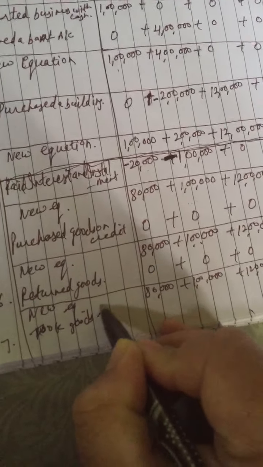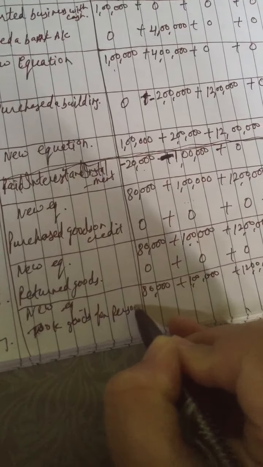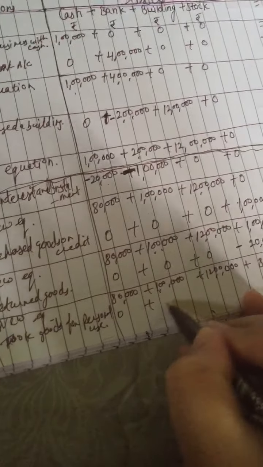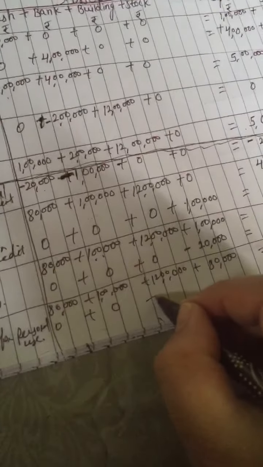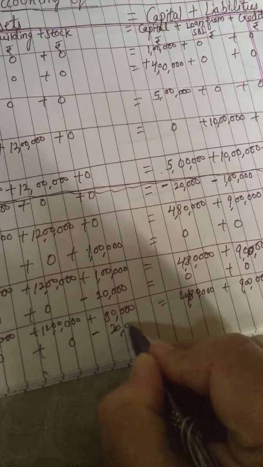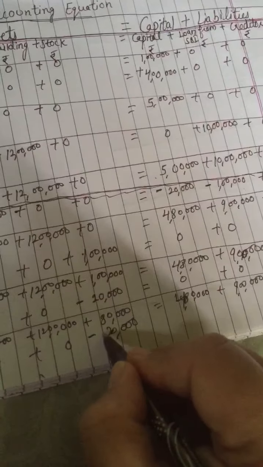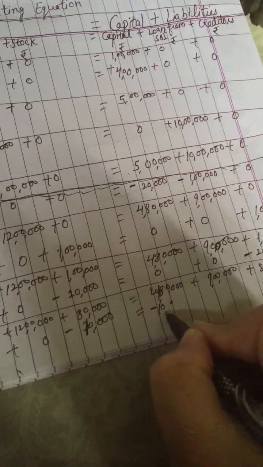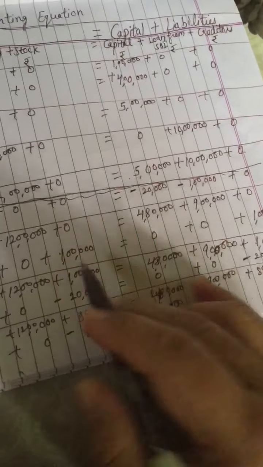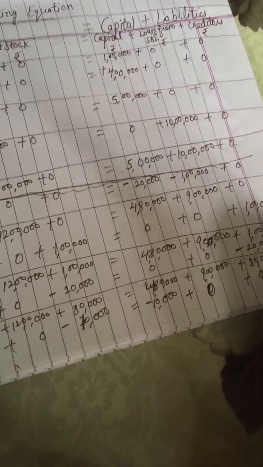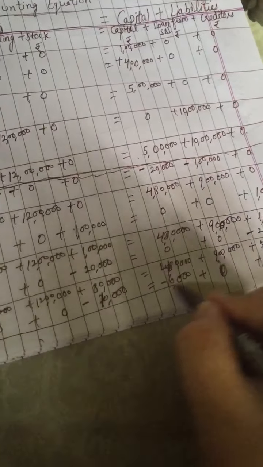The effect is that the stock will decrease by rupees 20,000, that is the cost, and capital also decreases by the same amount. Capital and stock of the business will decrease, and other assets and liabilities have no change.